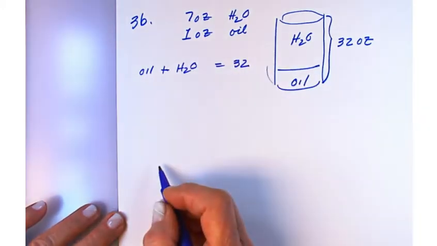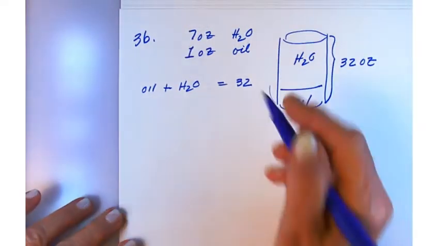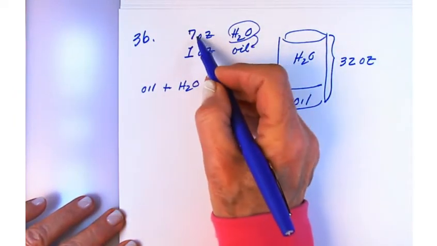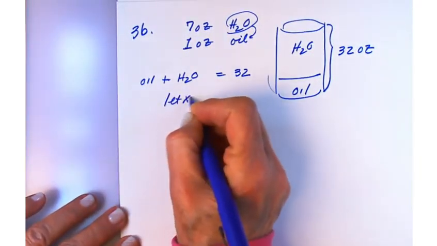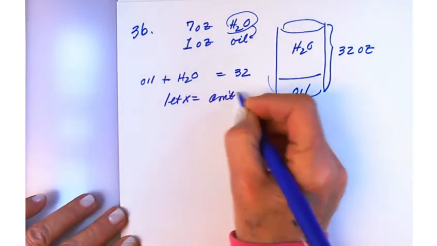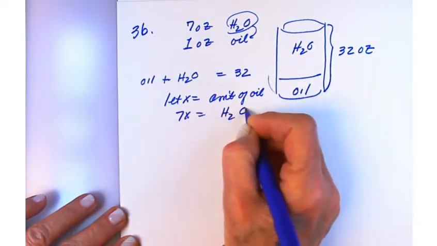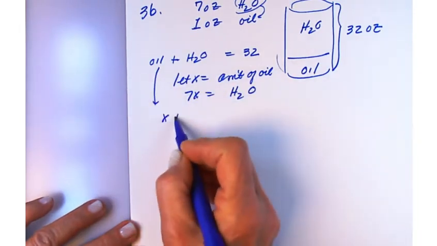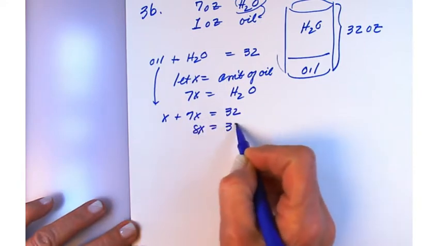So I have to decide what to let the x equal. Do you see that the water is in terms of the x? It's 7 times as much. So I'm going to let x equal the amount of oil and 7x be water. So oil x plus water 7x is 32. 8x is 32.